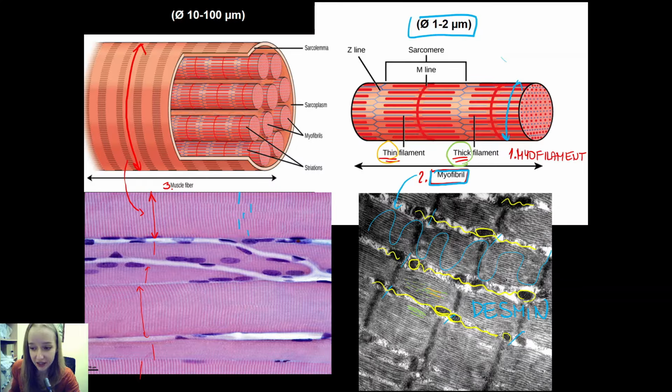And this cytoplasm between myofibrils is telling us that the whole muscle fiber isn't just a bundle of myofibrils. Please don't describe it as a bundle of myofibrils. There is also cytoplasm inside, organelles, nuclei and other things.